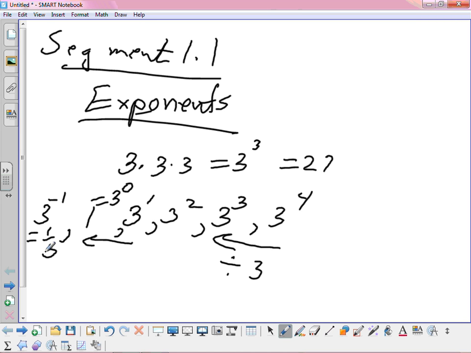And if you run it backwards by dividing by 3 instead of adding a factor of 3, you get 3 to the 0, 3 to the minus 1, 3 to the minus 2, and other things like 3 to the minus 4 should be 1 over, well, divide by 3 4 times, right? So it gives you that relationship between negative exponents and positive exponents, reciprocals.